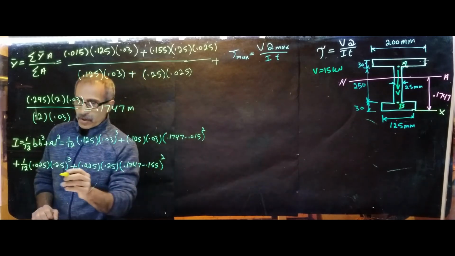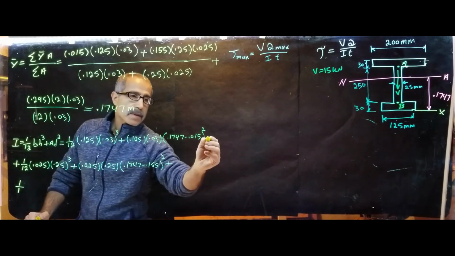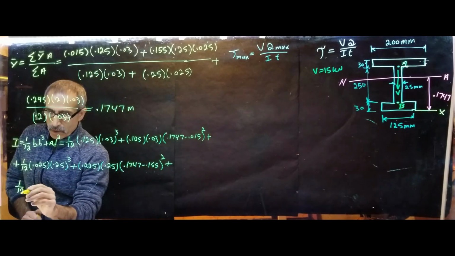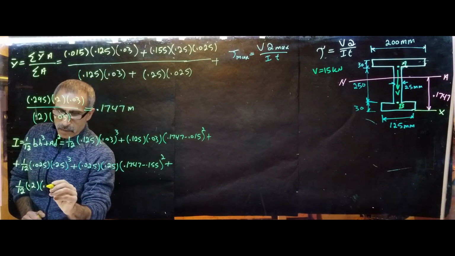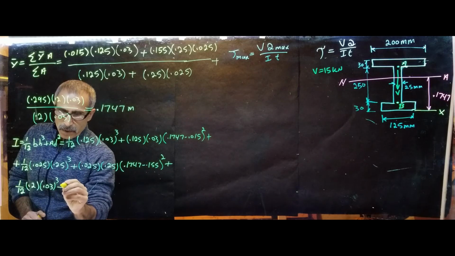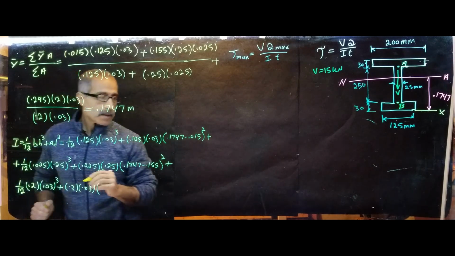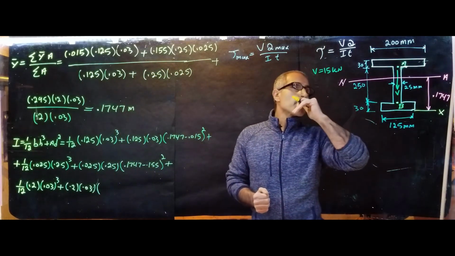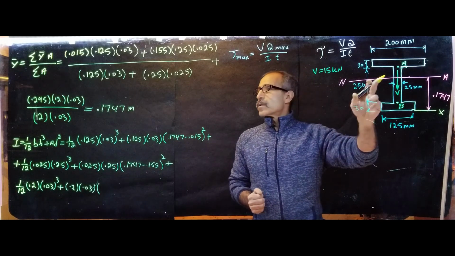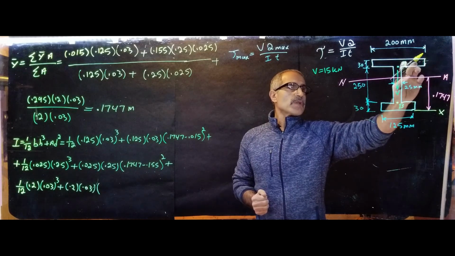Now let's do the third shape, which is plus. That's a plus here, that's a plus here. 1/12, and our b is 0.2, our h is 0.03, cubed, plus 0.2 times 0.03, d. d should be the difference from here, which is 0.295. We figured this was 0.295 here.